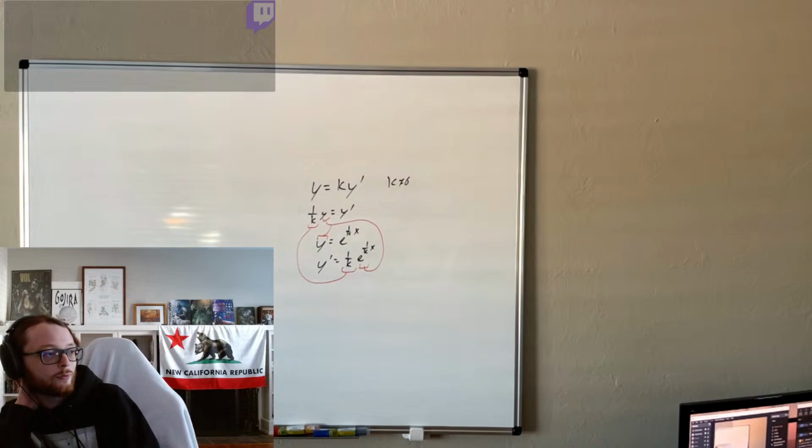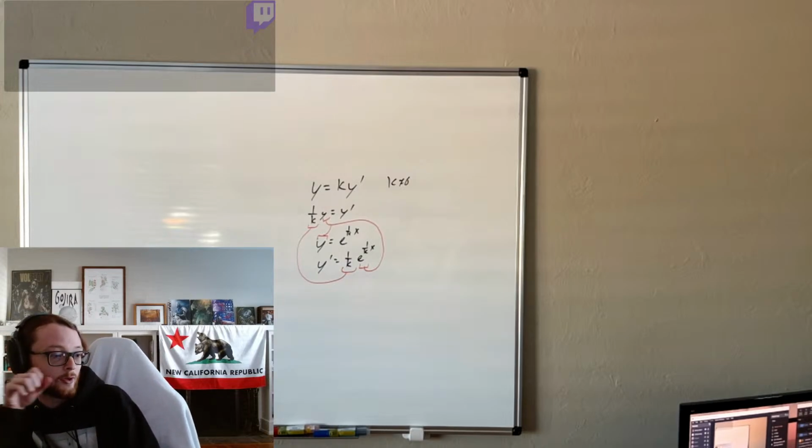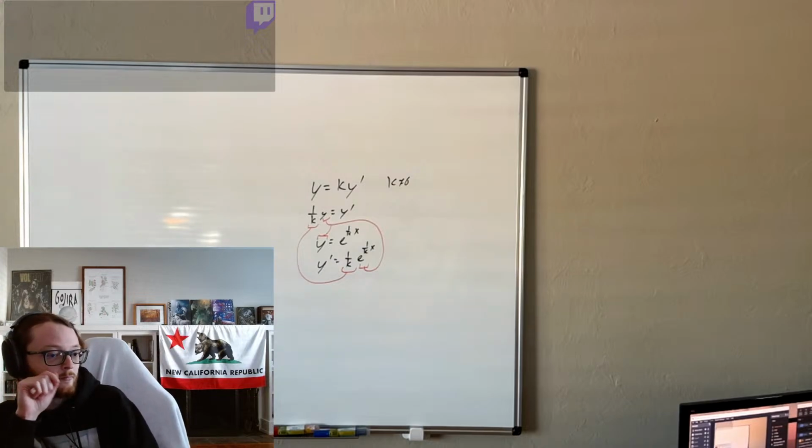So you don't do some kind of algebra or calculus thing to know it's e to the x. You just think about what types of functions might work. If you had y double prime equals y, then you're talking sine and cosine, and maybe also an e to the x. Because if you derive sine twice, you get sine back out.